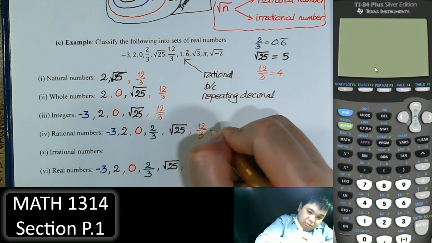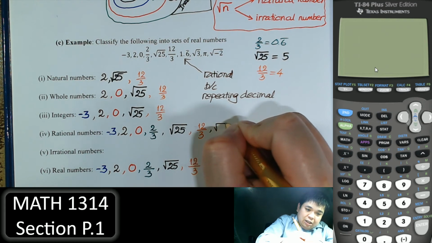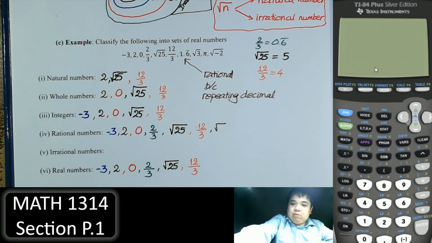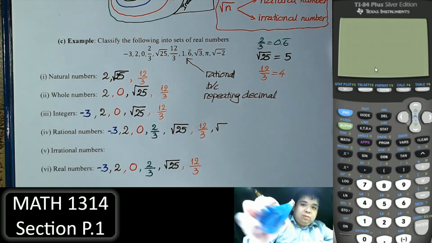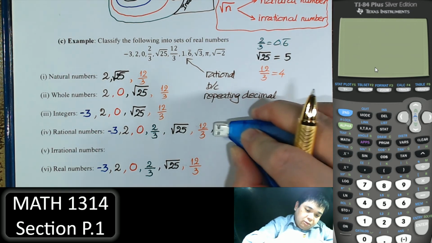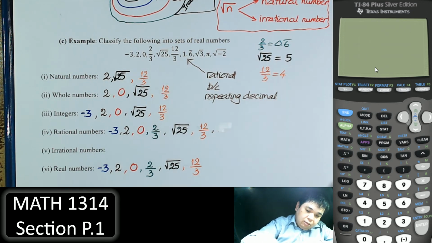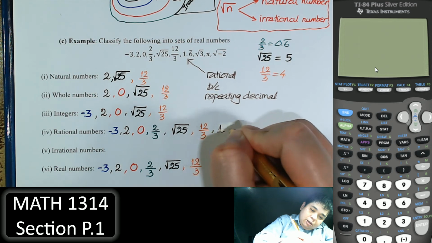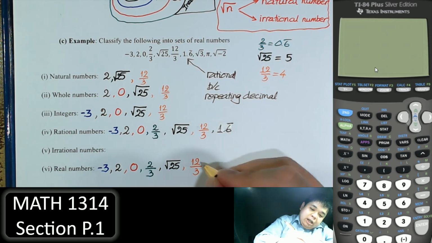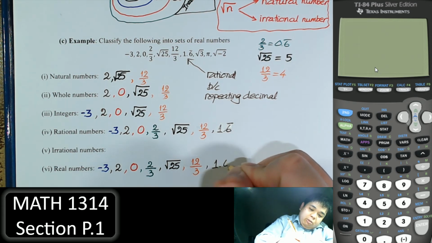So it is a rational number, and 1.6 repeating is also a real number.